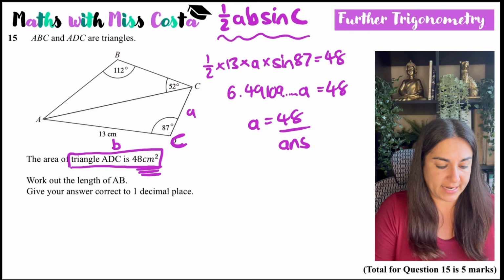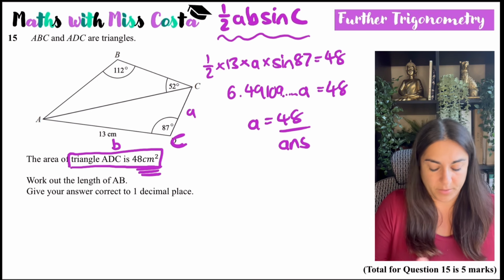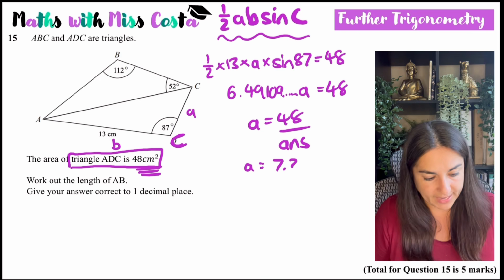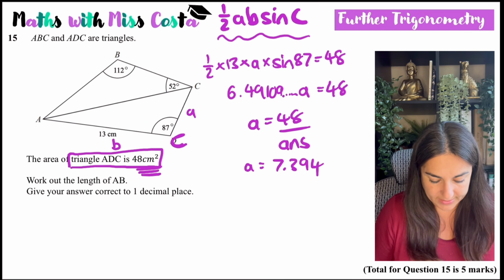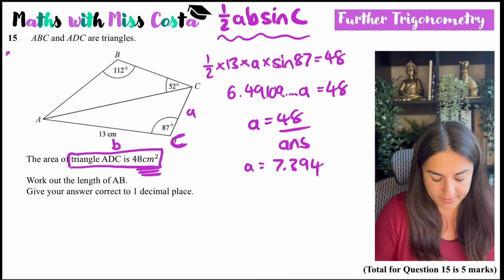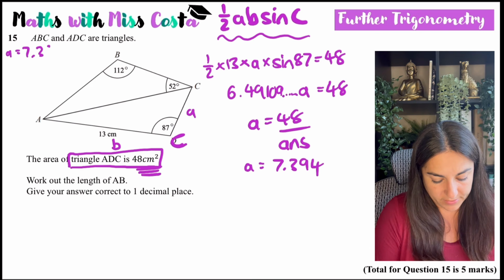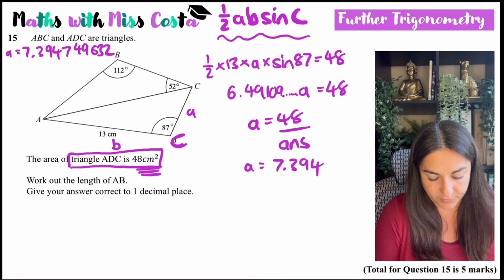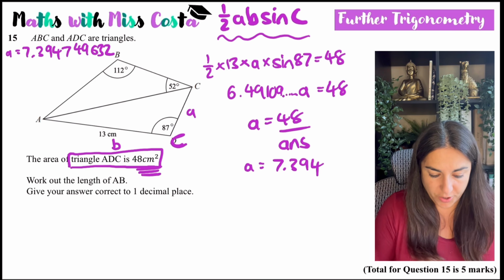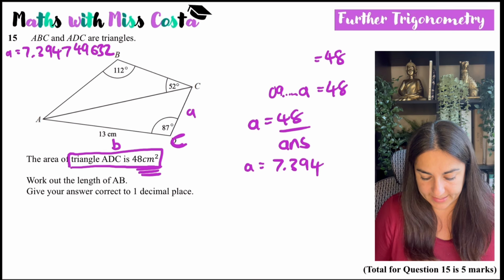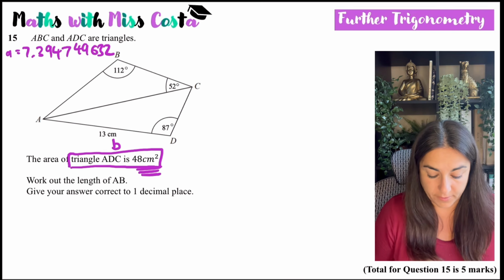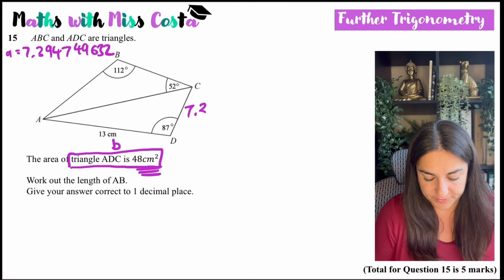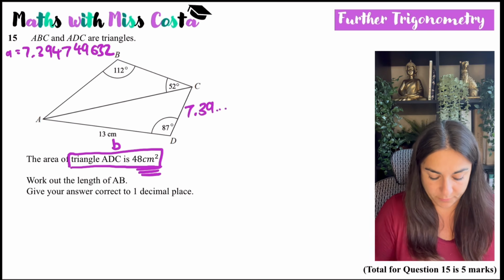So we do 48 divided by answer, which gives me 7.394749632. So I know the value of this side here, which is great because I've got 1 step further into my calculation. So 7.39, and the full value's here.